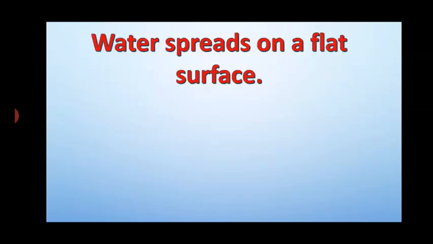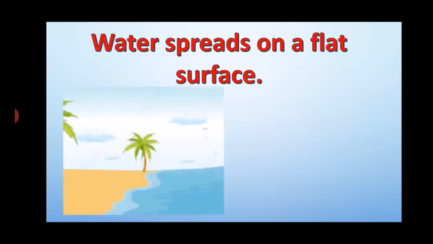Let us talk about this quality of water. What is this quality of water? So, water spreads on a flat surface. If there is a flat surface and water falls on that flat surface, it starts spreading. Look here, have you gone to the seashore and seen water coming towards you?